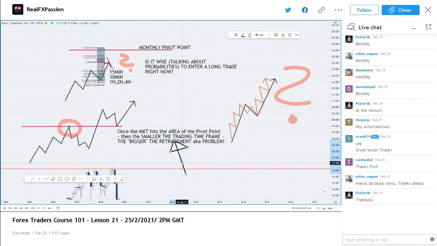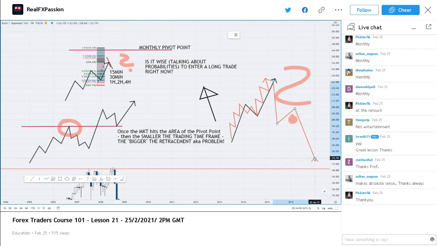Hello, Long, how are you? Pickle says stops. Well, because the market is going to react, right? And once the market reacts on the smaller time frames, it is going to crush our structure, our wave on the smaller time frames. This is how pivot points work.